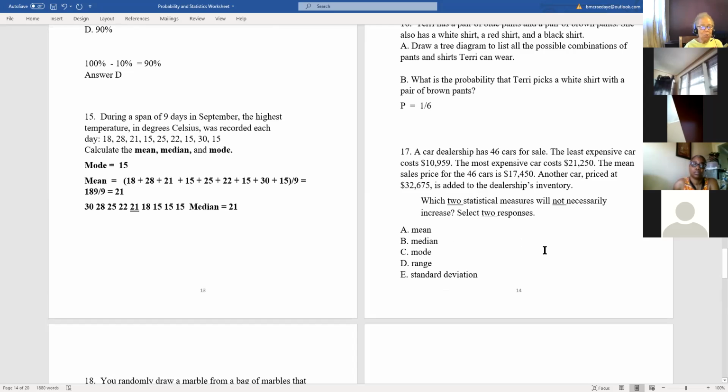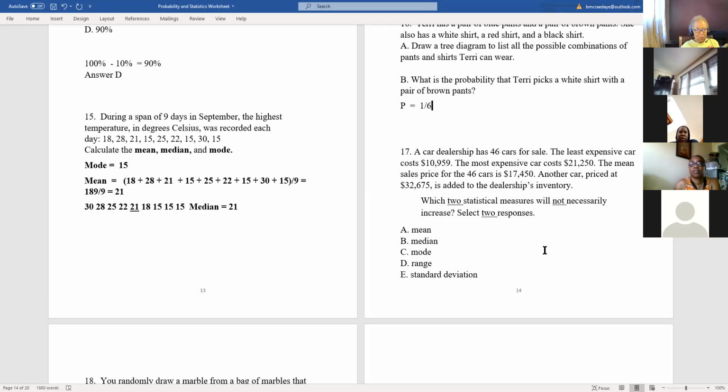So which two will not necessarily increase of these, A, B, C, D, E? There are two of them.